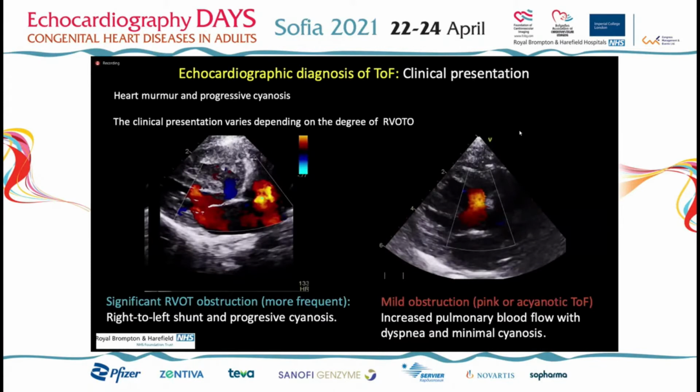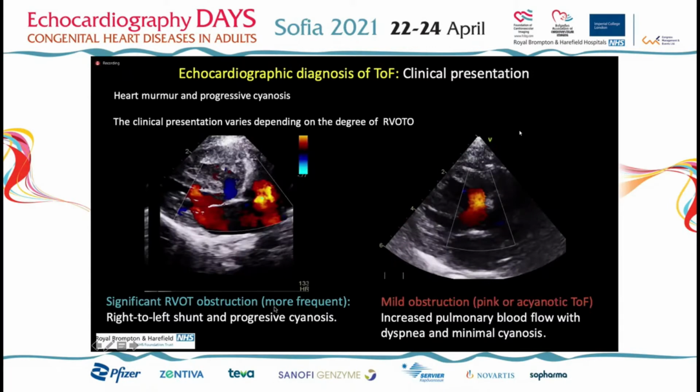How will the baby behave when he's born? So basically, at the beginning, the baby will have a murmur, and then he will develop progressive cyanosis as he grows. And then the amount of cyanosis will depend on the amount of RVOT obstruction. So babies who have very severe RVOT obstruction will have bidirectional shunt across the VSD, but predominantly right to left.